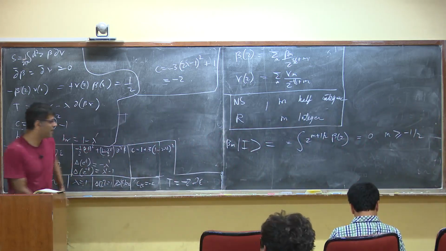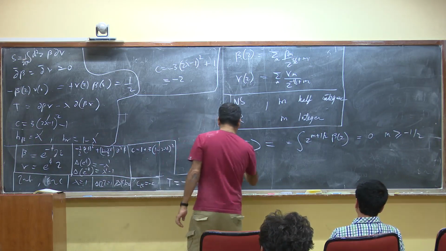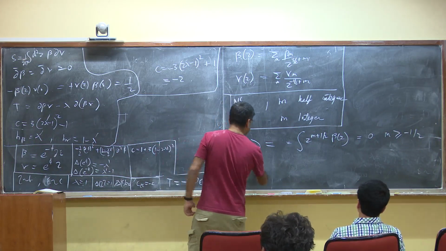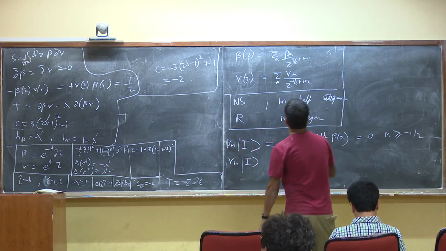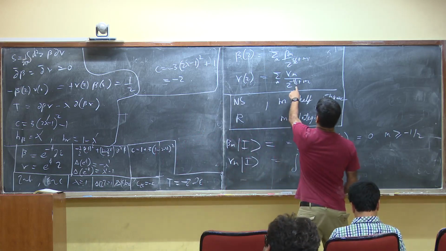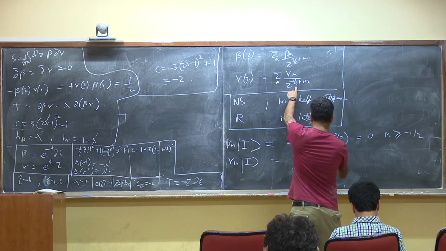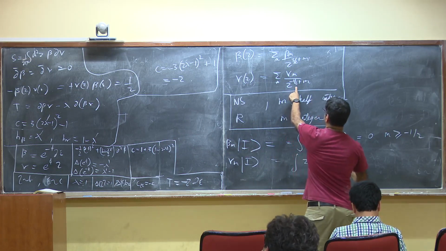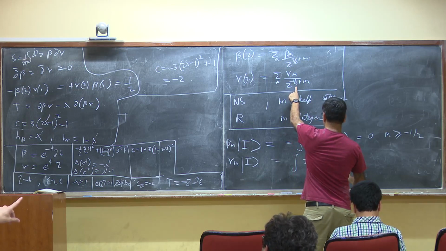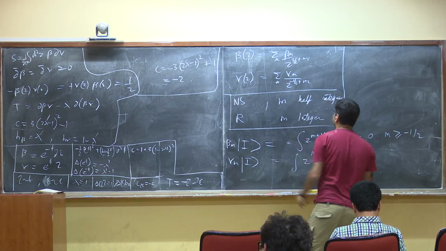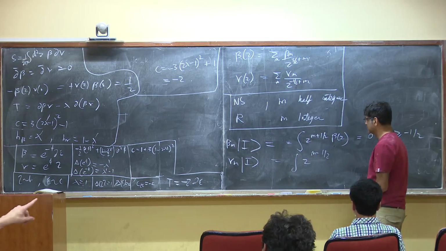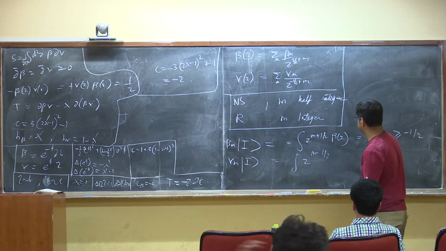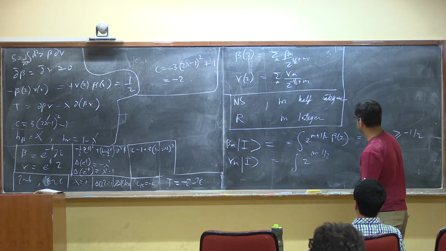What about gamma_m on identity? This is equal to the integral of z to the power m minus half, because I want a 1 over z down there.